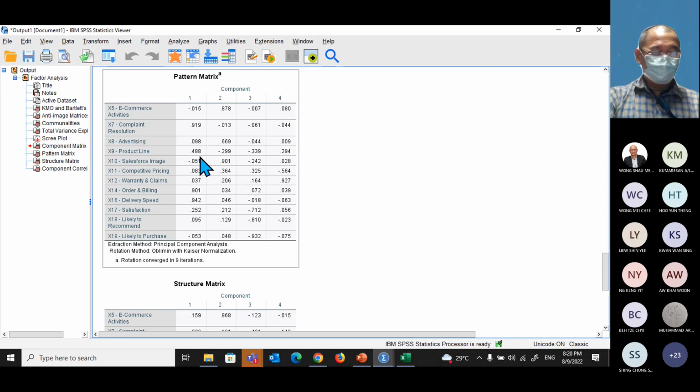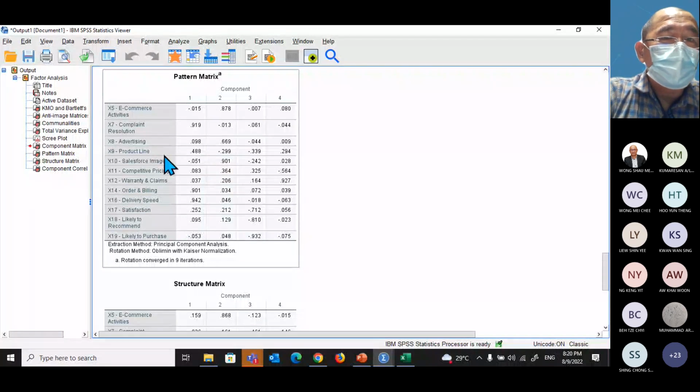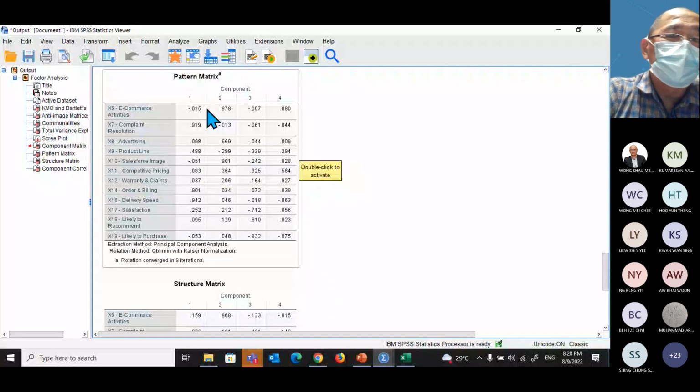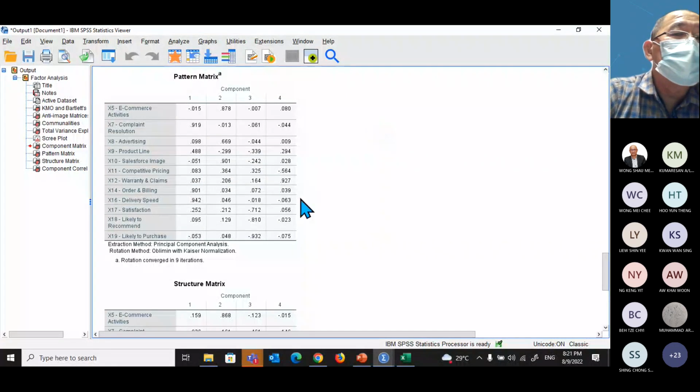Some textbooks even suggest removing the cross loading, because with it we don't know how to interpret. Now it is still quite clear at 0.488. If it is only one variable, it is not going to affect the overall result. Therefore the rotation is still useful for us.